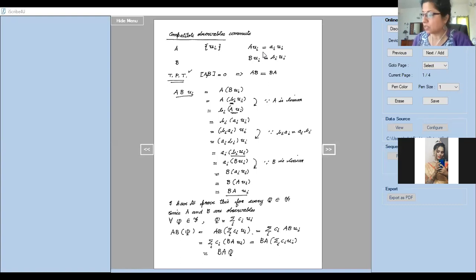So I have now proved that for every psi belonging to the vector space. I'm going to write this in the next page. I'm also going to change it here, don't worry, I remembered.